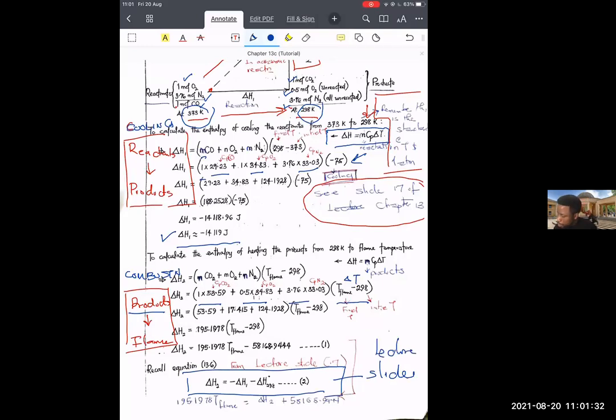But from what we've calculated here, we have this equation, we can call it equation 1. You can call this equation 2. So you can rewrite your equation 1 as this. If you rewrite your equation 1, you take this value there, then you have plus 581, and then you have this. So let's continue.